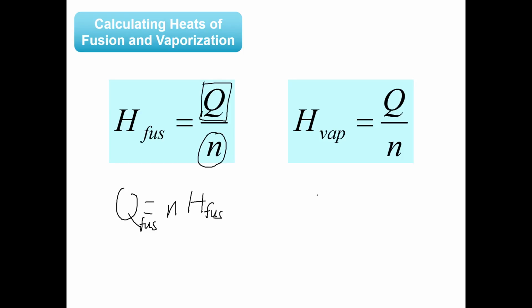Heat of vaporization is exactly the same thing. It's a definition, not a complicated formula. The energy required to vaporize is equal to the amount you have to vaporize times the amount of energy vaporized per unit mole.